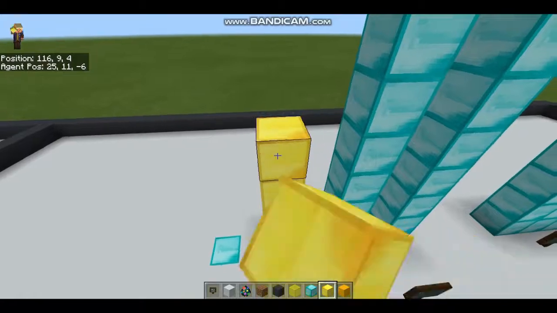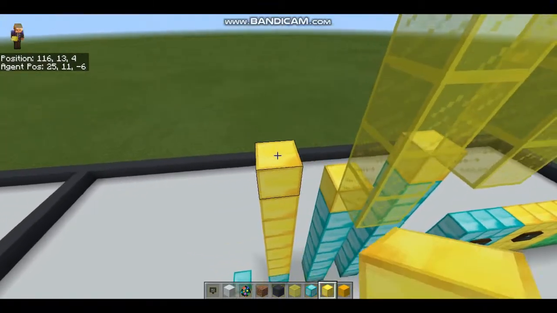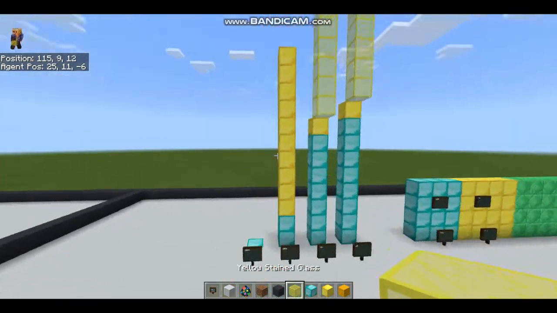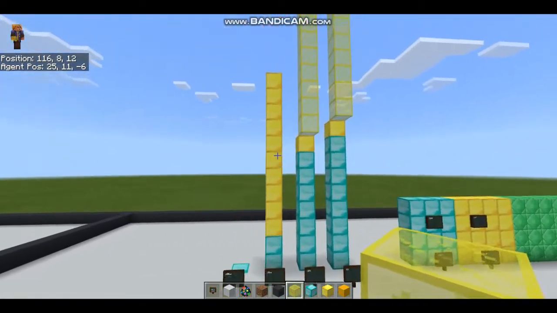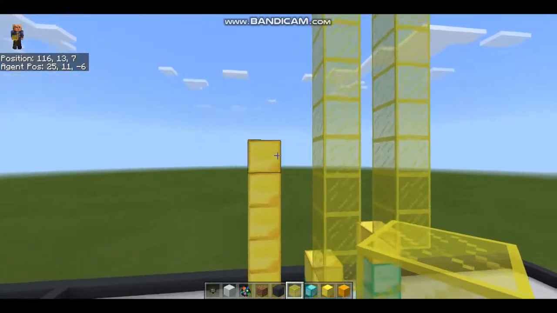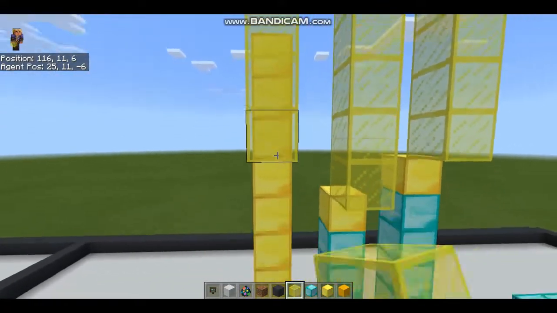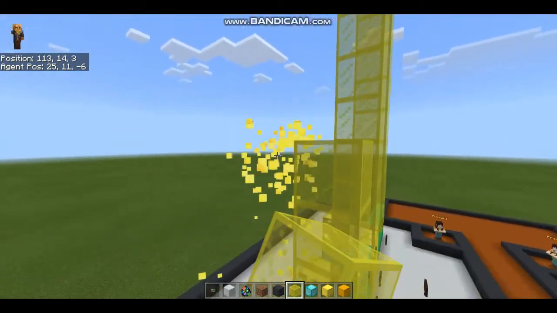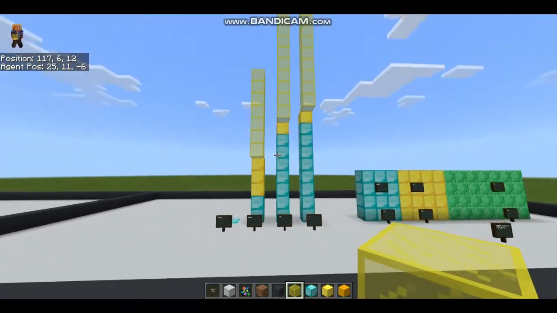So 100, 200, 300, 400, 500, 600, 700, 800, 900, 1000. As you see here, the hundreds column is now 12 blocks high, so we can minus out 7. 1, 2, 3, 4, 5, 6, 7. Break the blocks behind the glass, and here is your answer.